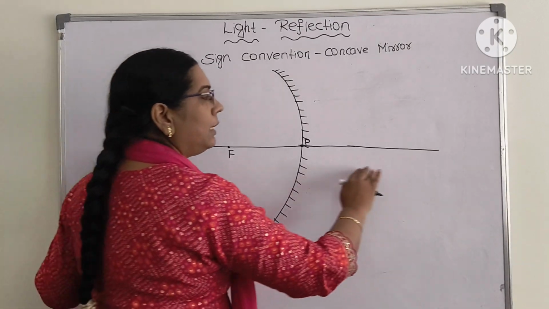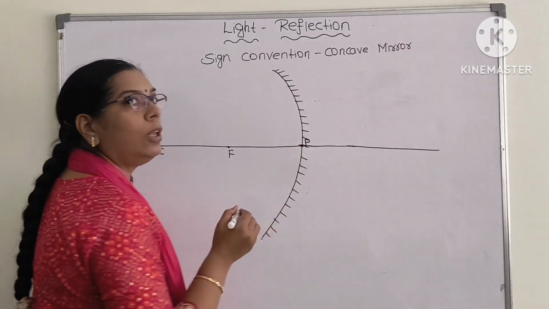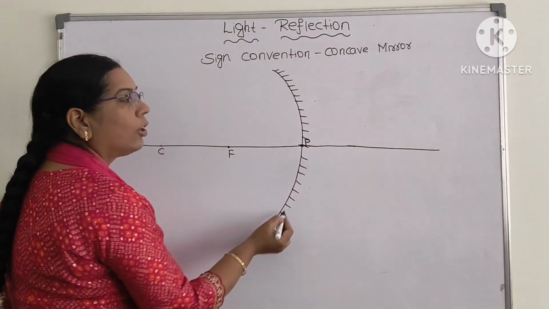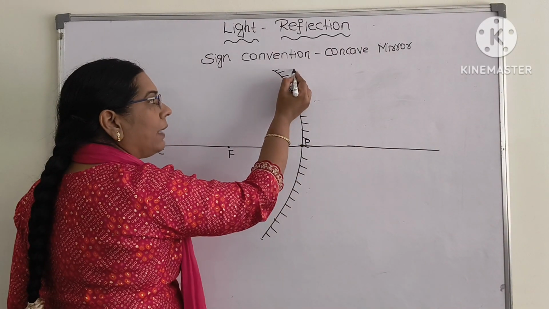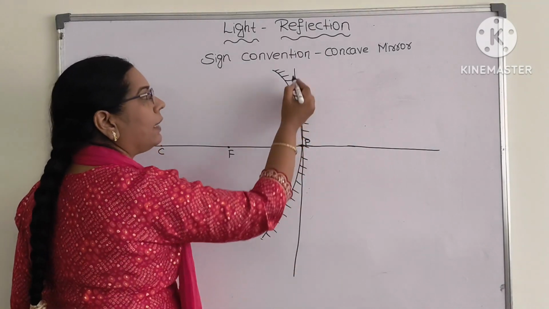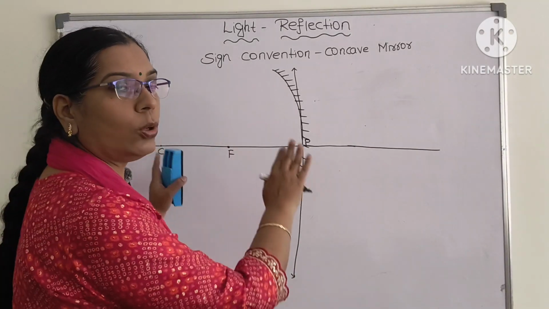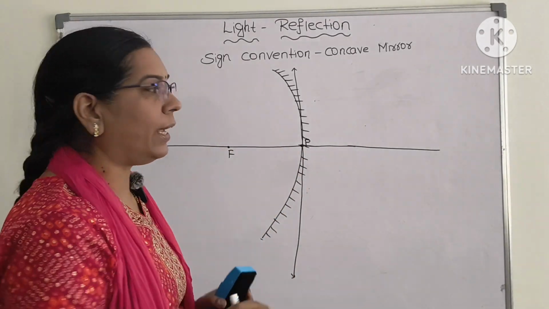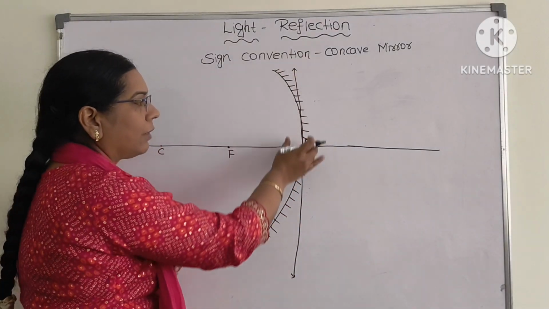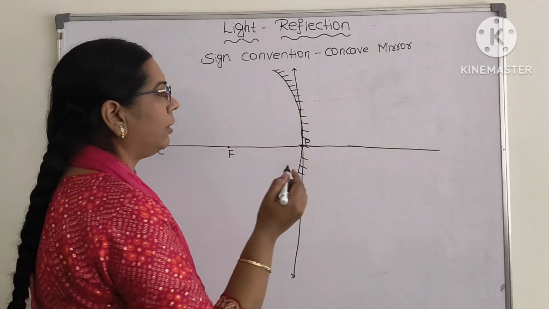Consider the principal axis as the x-axis, the pole as your origin, and the mirror will act like the y-axis. So imagine this whole setup as a Cartesian plane.